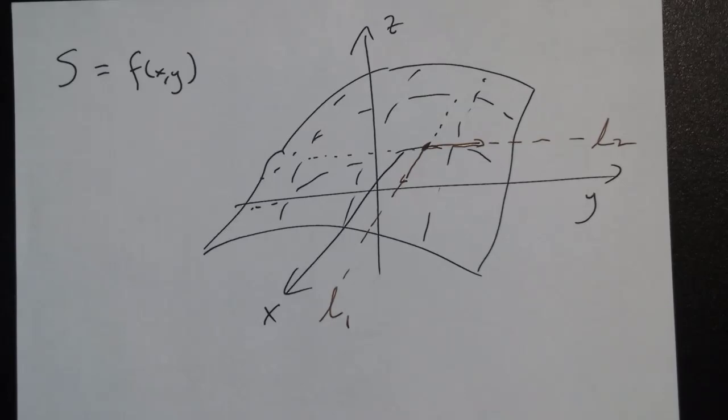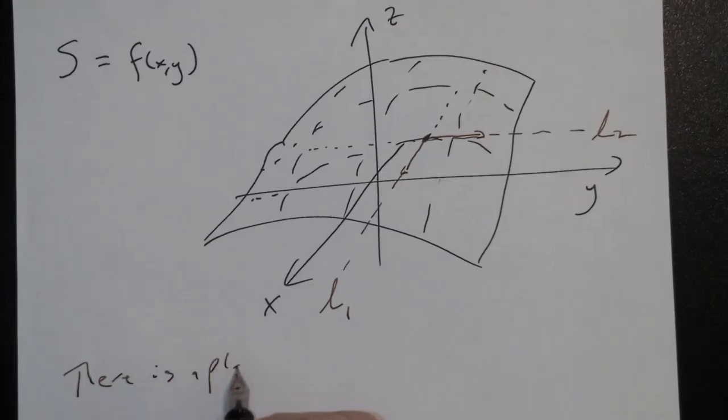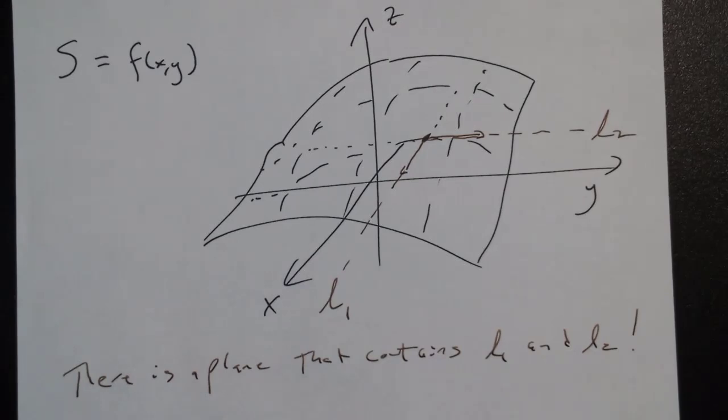There's a plane that contains those two lines. And now, once again, I have a plane. It's going to contain these lines. There. Physically, you can see the two lines in the plane, right?